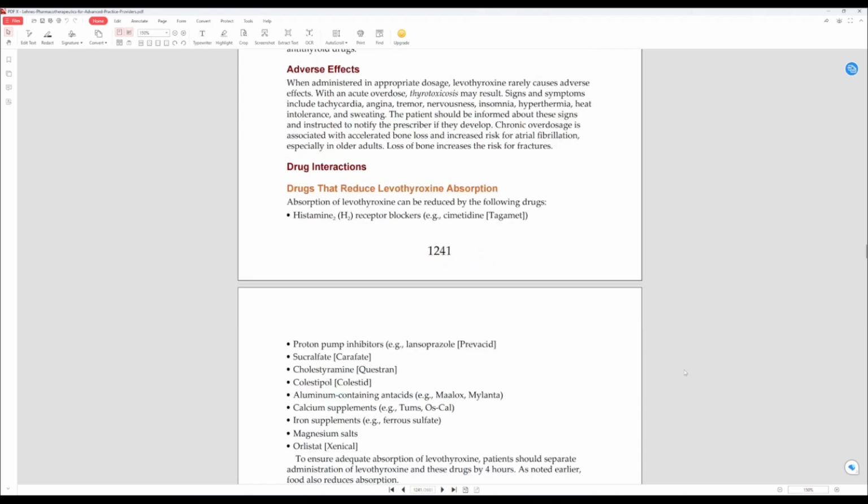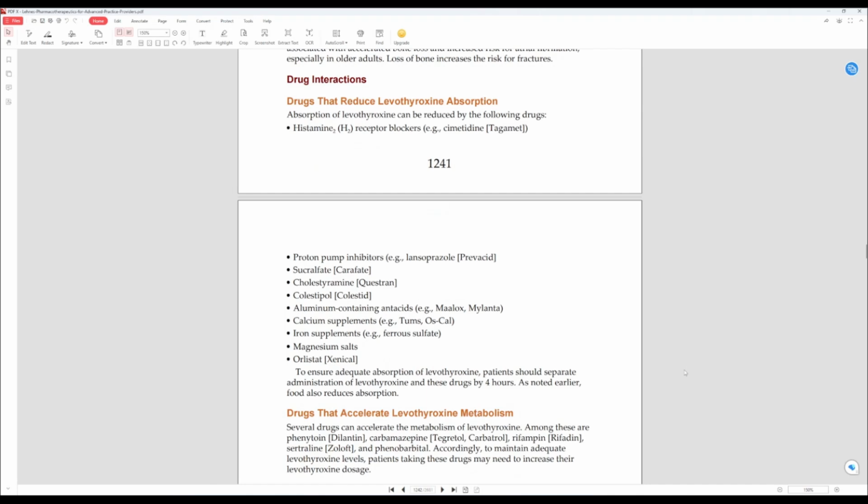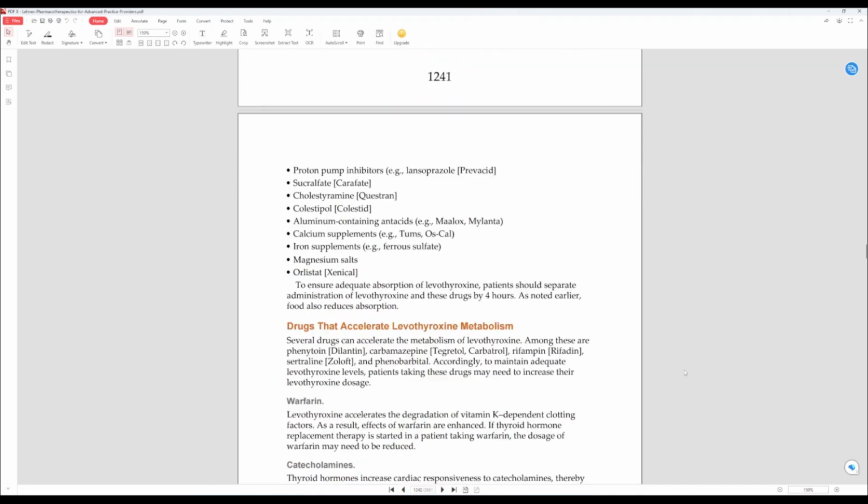So, there are also some drug interactions. Drugs that reduce levothyroxine absorption include histamine 2 (H2) receptor blockers, proton pump inhibitors, Carafate, Questran, colestipol, aluminum-containing antacids like Maalox or Mylanta, Tums or Os-Cal, plus calcium supplements, iron supplements, magnesium salts, and orlistat.